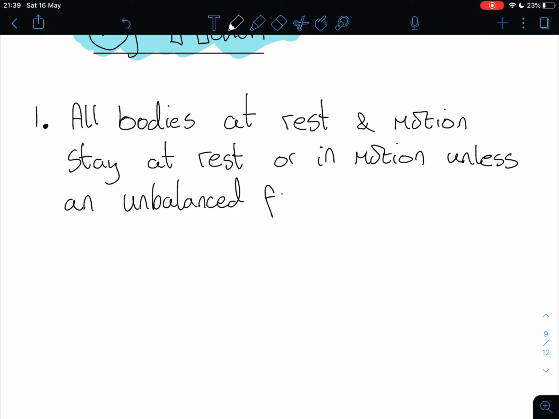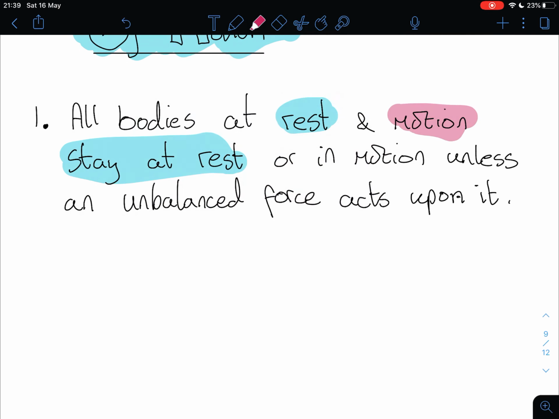Not farce, force. I'm just going to, because I just realised my grammar's not great here. Rest stays at rest. If it's already moving, so in motion, it stays in motion. Okay, it's not that rest starts moving and a moving stops.